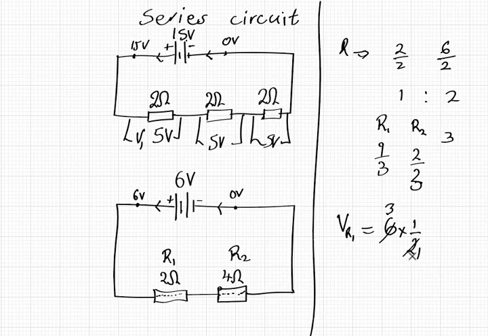Yes or no? 3 into 6 is not 3 actually. That is 2. Then 2 times 1 is equal to 2 volts. So the voltage here is 2 volts.